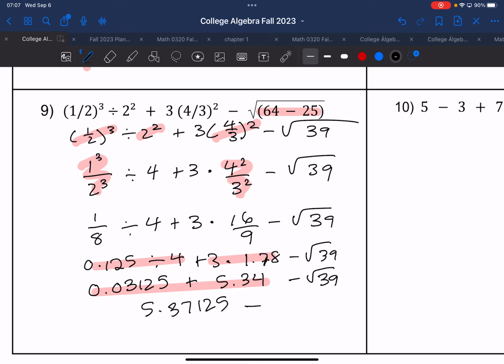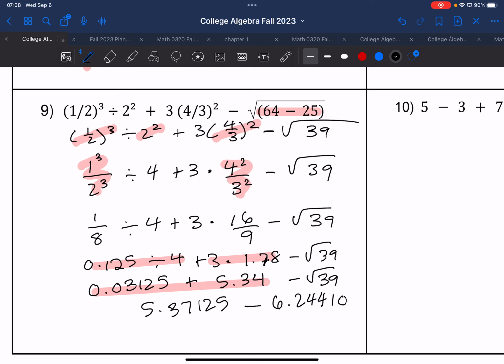And since I wrote 5 decimal places for my number previously, I'm going to go ahead and write 5 decimal places for that square root of 39. So 6.244, let's see, 10, because of that 997.